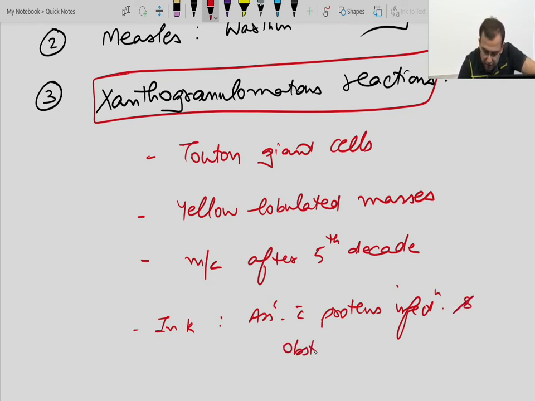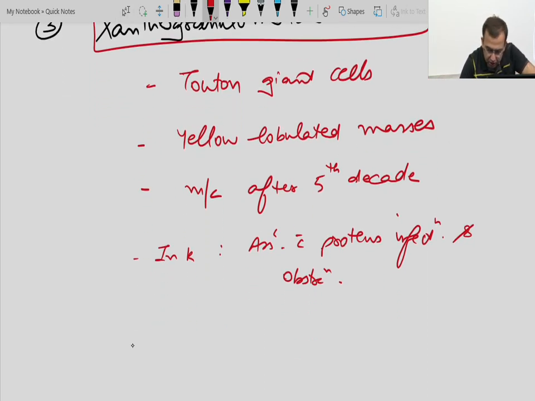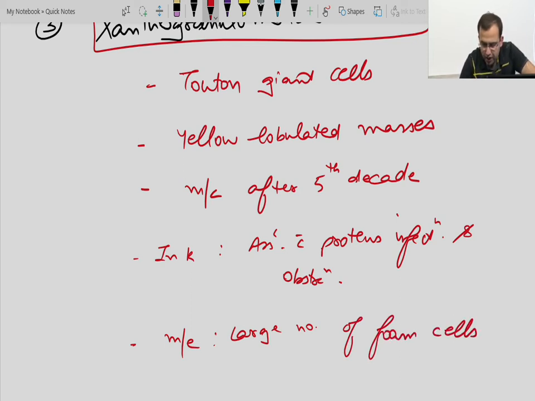Microscopically, it includes a large number of foam cells and macrophages. This is xanthogranulomatous reactions.